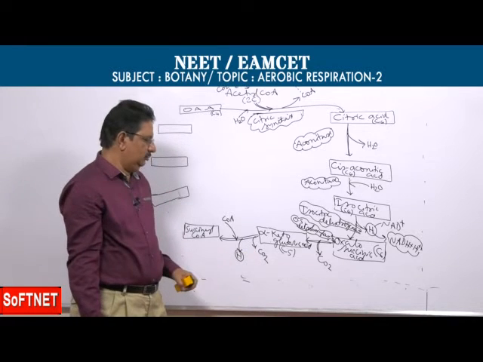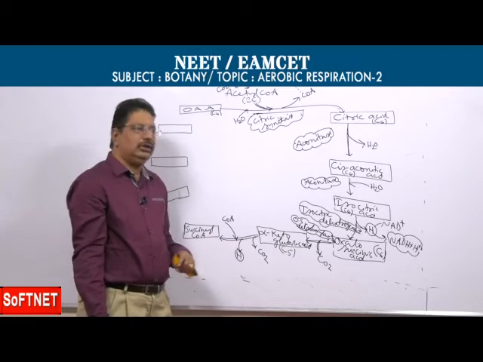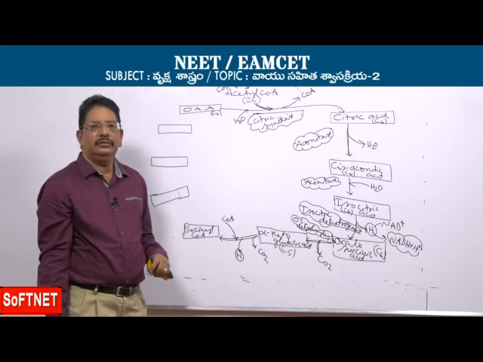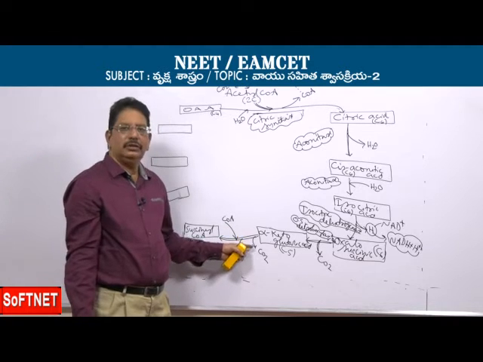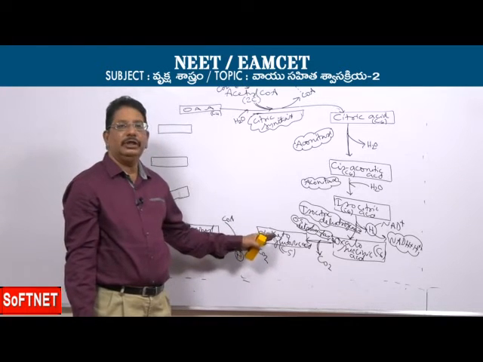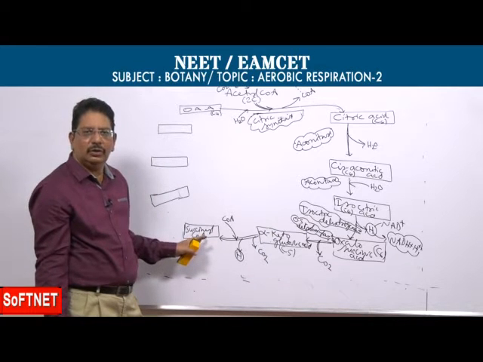Decarboxylation only, condensation only, dehydrogenation only, all the above. So, definitely all the above. There are complex conversions that occur between alpha ketoglutarate acid and succinyl coenzyme A.